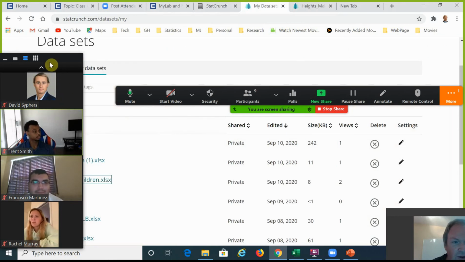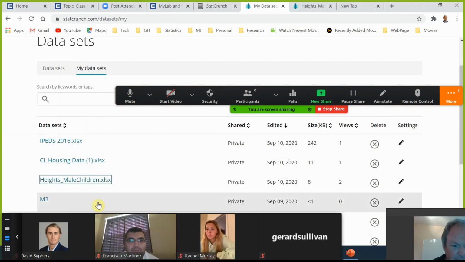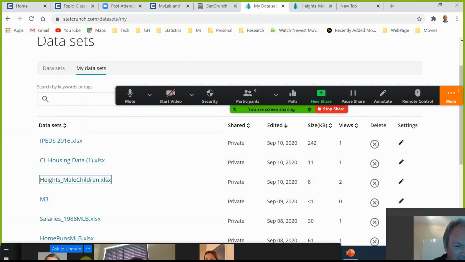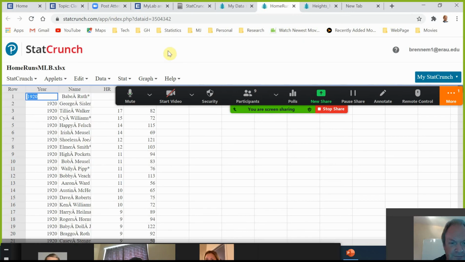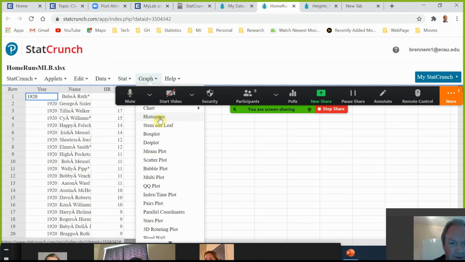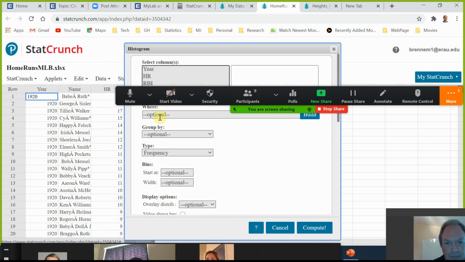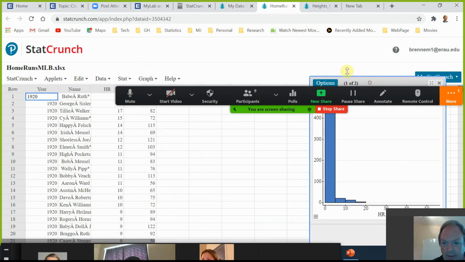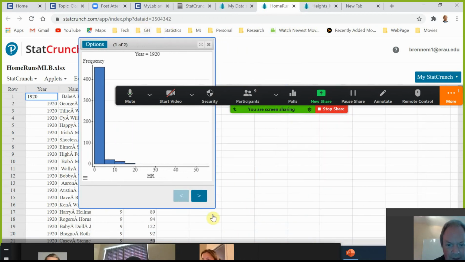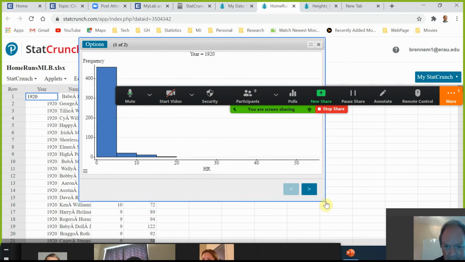The home run data set. If you look at the home runs for 1920, and you don't have to plot this, I'm just going to do this really quick. We go to home run, and I'm going to group by year. This is the year 1920. There is one outlier.